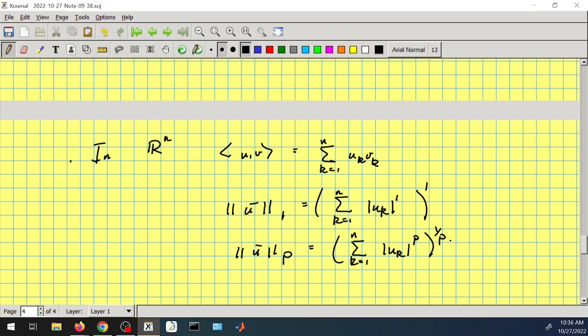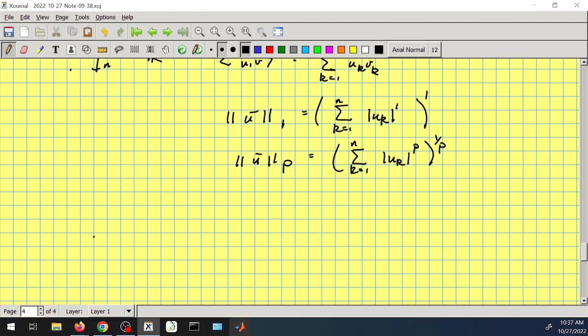So what would the 1 norm be in the vector space of continuous functions from A to B? It would be the sum of... to the 1 over 1th power.